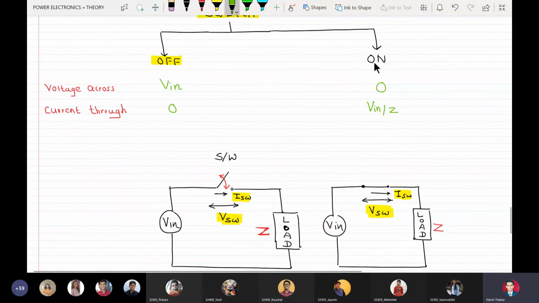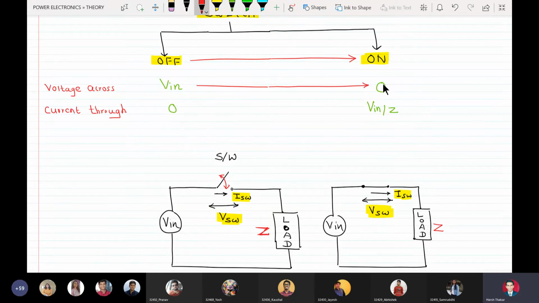So now students, the switch is transitioning from off condition to on condition. When the switch goes from off to on, the voltage across the switch changes from V in volts to 0 volts, and the current changes from 0 to another non-zero value, V in upon Z. But students understand that this is not a mechanical switch, this is a semiconductor switch.